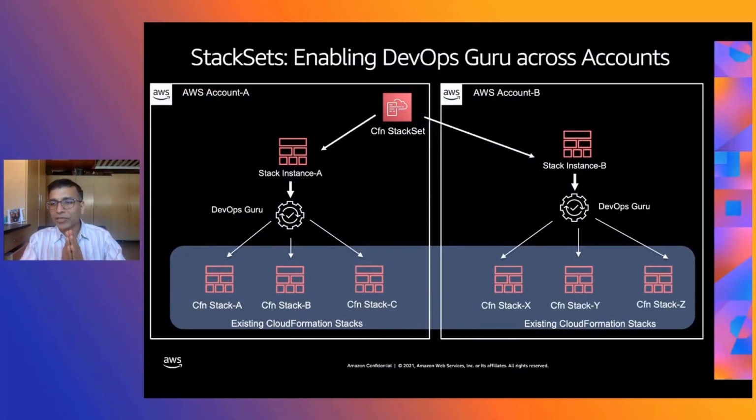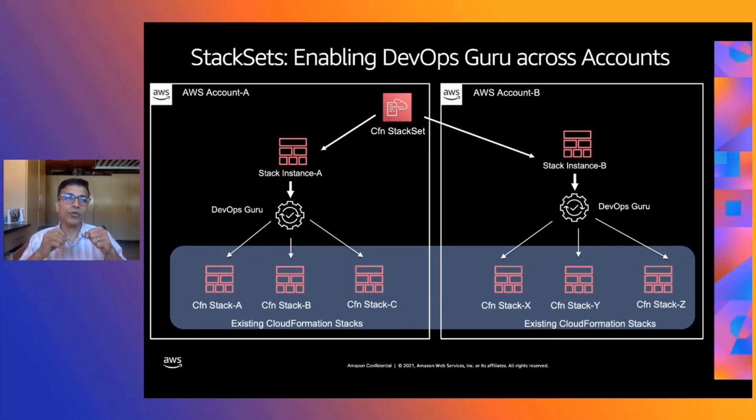This is one diagram that I just wanted to share from the perspective of how you could enable DevOps Guru across multiple accounts. As you would know, DevOps Guru can be enabled using CloudFormation stacks, and CloudFormation supports something called stack sets.